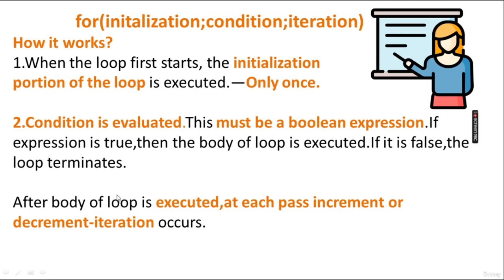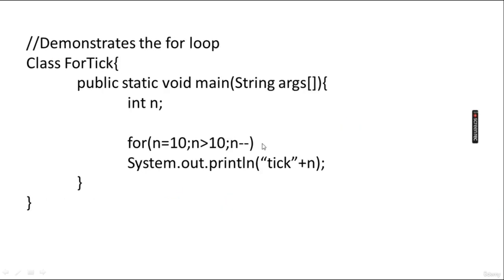And then after the body of the loop is executed, lastly the iteration will take place. At each pass, increment or decrement iteration occurs. Class for tick, public static void main. Here the number n is created: for n is equal to 10, n greater than 10, n minus minus.